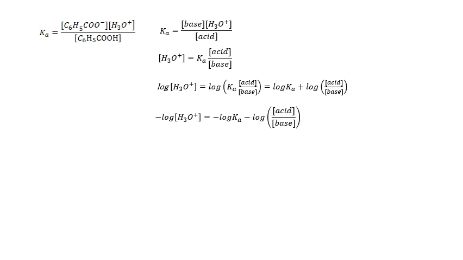That's the same as positive log of base over acid. Remember, that's again properties of logarithms. So I can write it like this: pH is equal to pKa plus log of base over acid. That's the Henderson-Hasselbalch equation. Very useful, especially for buffers, and we'll see why.